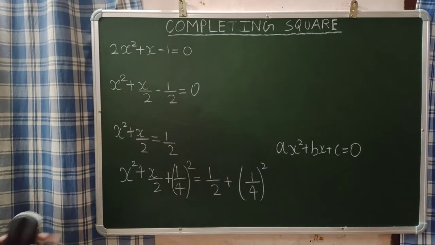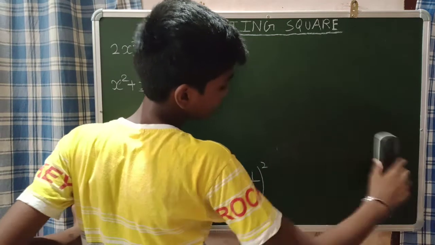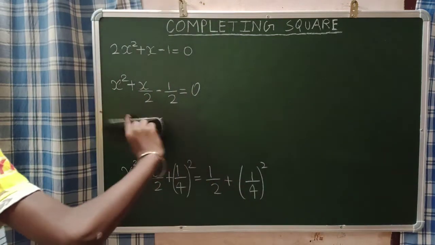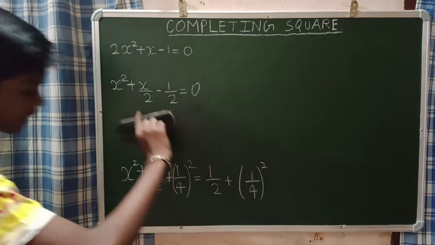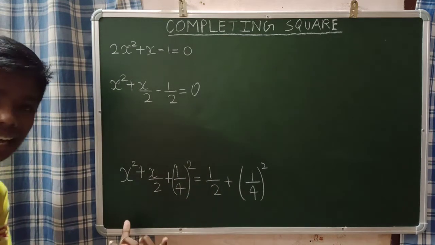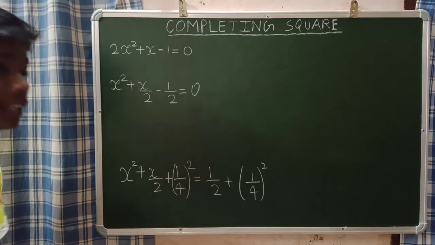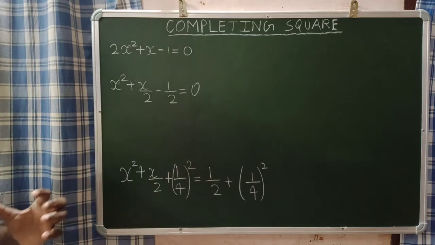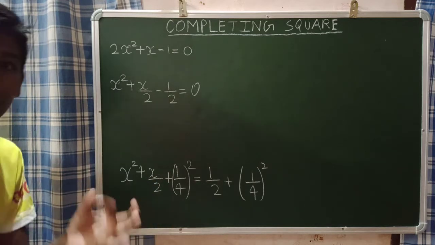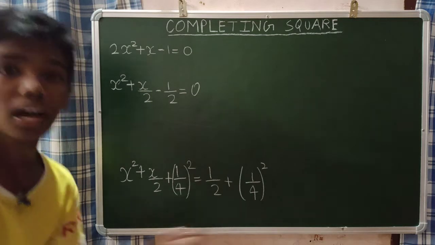Very simple. Now, after this, it's a piece of cake. Write the LHS in terms of a square number and simplify your RHS.